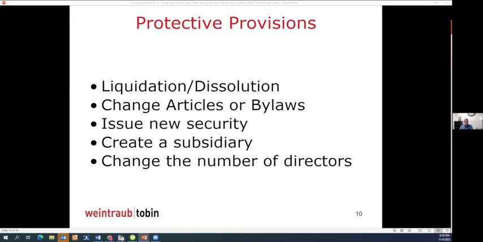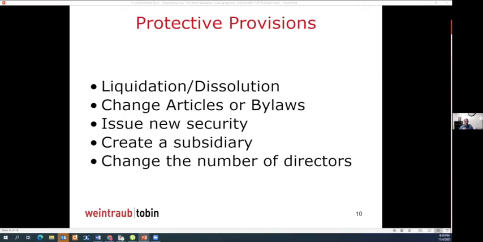One thing that I'll note here is generally it does require at least a threshold amount of preferred shares outstanding, either a number of shares or maybe a percentage.